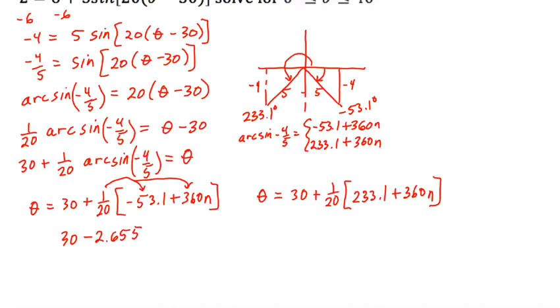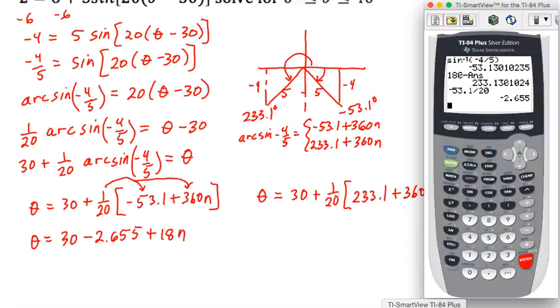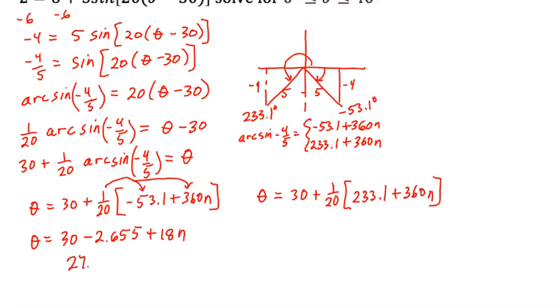That's going to be 18 plus 18n, and then of course 30 minus 2.655 can be simplified. So I can just add 30 to this, get what I want, I think, 27.345 plus 18n. That is one branch of the general solution.